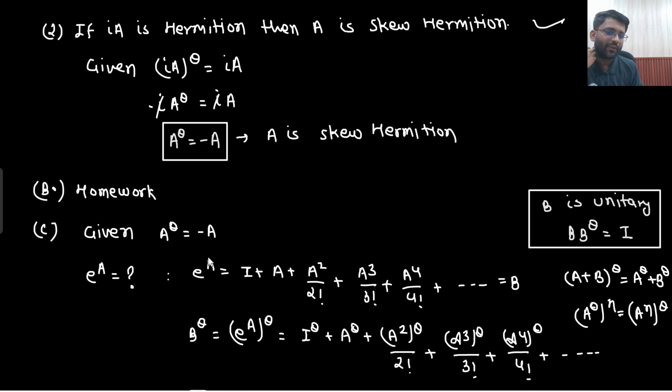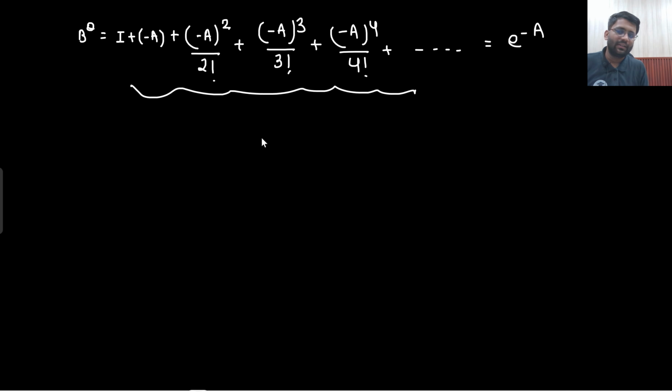This was the expansion of e to the power A, I plus A plus A square by 2. Then we found B theta, which is e to the power A theta. Then we do the expansion. What did I get to know? I theta plus A theta plus A square theta, this will be the expansion. And I got to know that theta can come inside, so every A theta will become minus A. So isn't this particular expression the expansion of e to the power minus A only?